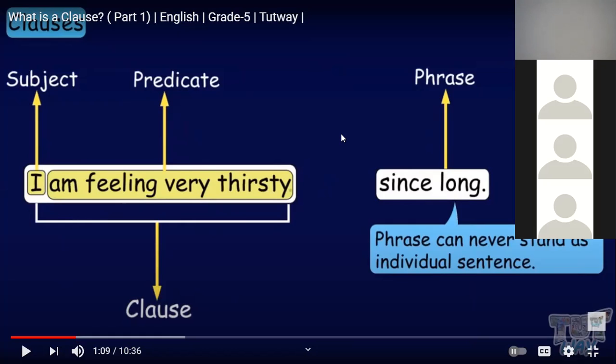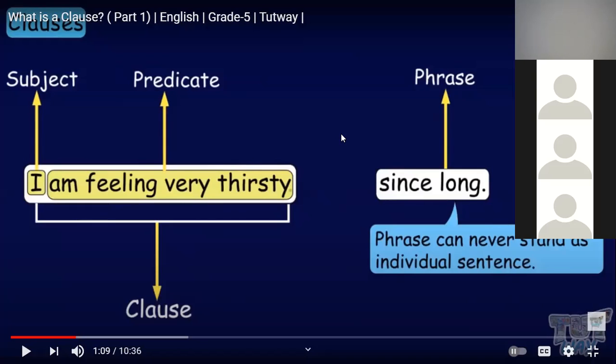It's a verbal phrase, because we're talking about time. "Since long" means ago. So here, adverbial phrase: since long. Since is an adverb. So since long is a what?